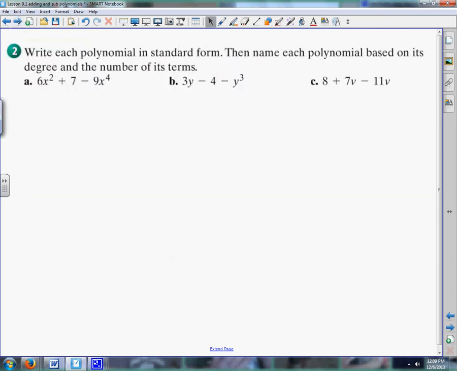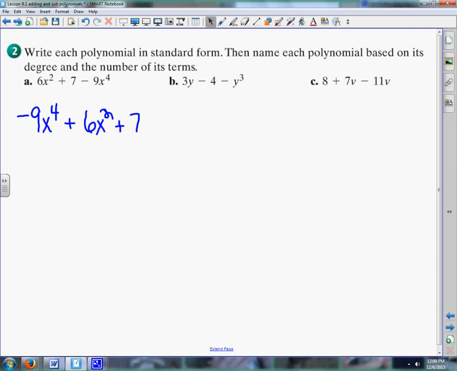Okay, so write each polynomial in standard form. Then name each polynomial based on its degree and the number of its terms. So let's do A together. I'm going to write this in standard form. That means my negative 9x to the fourth has to come out front because that's the highest exponent. And then I'm going to add 6x squared. And then I'm going to add 7.